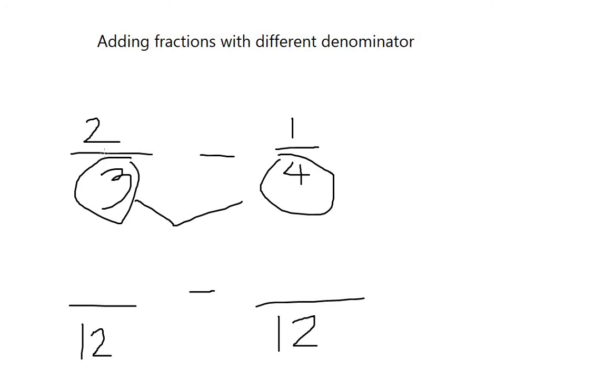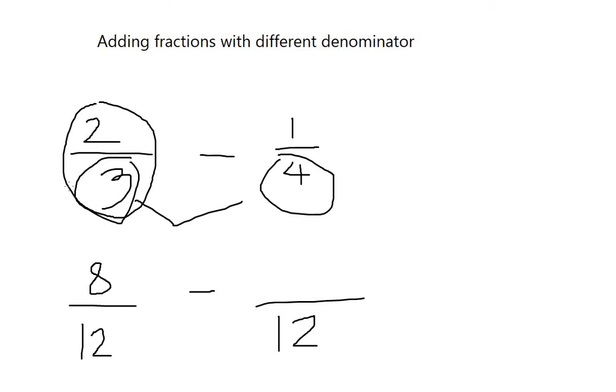And what is the equivalent fraction of 2/3 if your denominator is 12? At that point, I already know that it's 8. And why 8? We multiply 3 and 4, right?